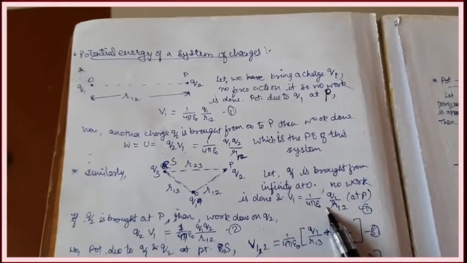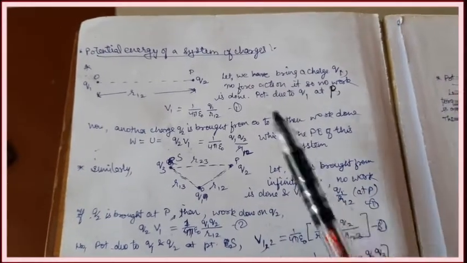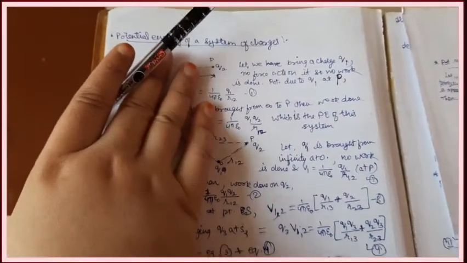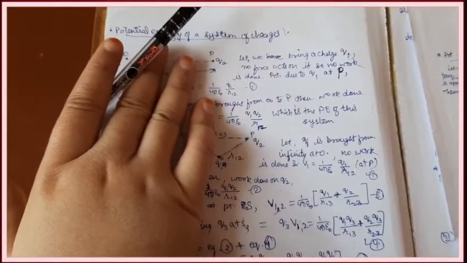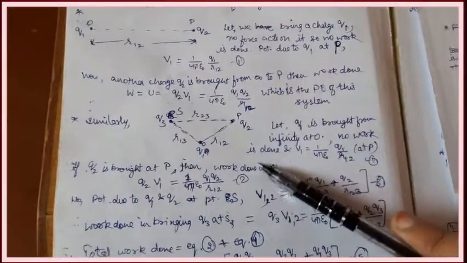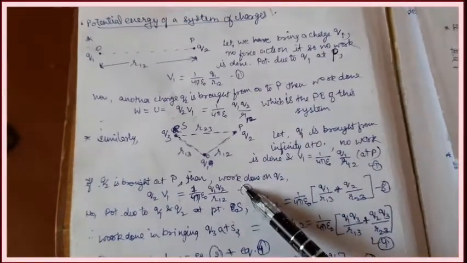Potential at P due to q1 is the same as in the earlier case. Now q2 is brought, q3 is not here still. q2 is brought from infinity to P in the presence of q1. In this situation, work done on q2 is again the same which we determined in equation 1.